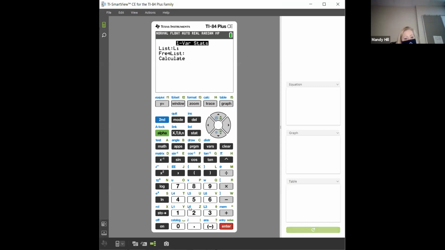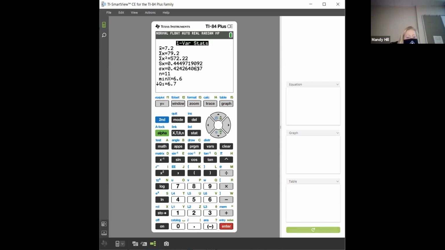If I want that L2 to show up, I have to hit the second button, and then number 2 will change that to L2, because I typed those in list 2. A lot of people just keep typing over list 1 so they don't ever have to change it, but it's not that hard to change. So we're going to hit enter all the way through that.